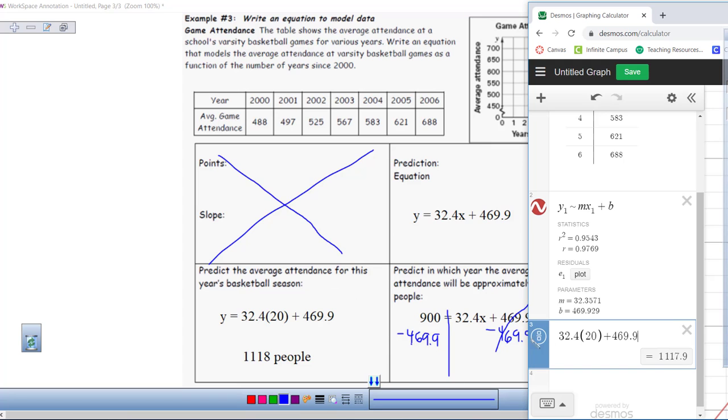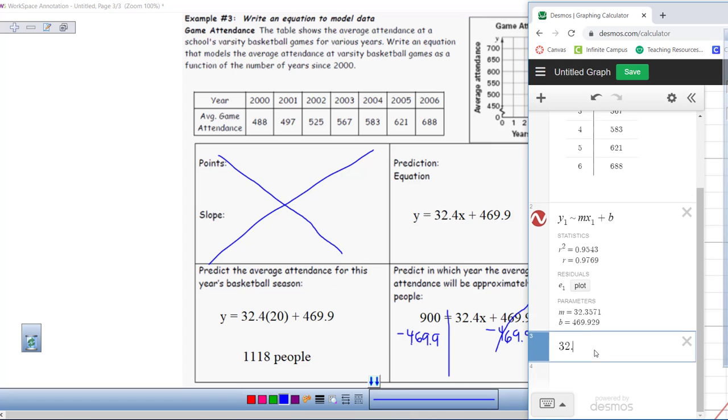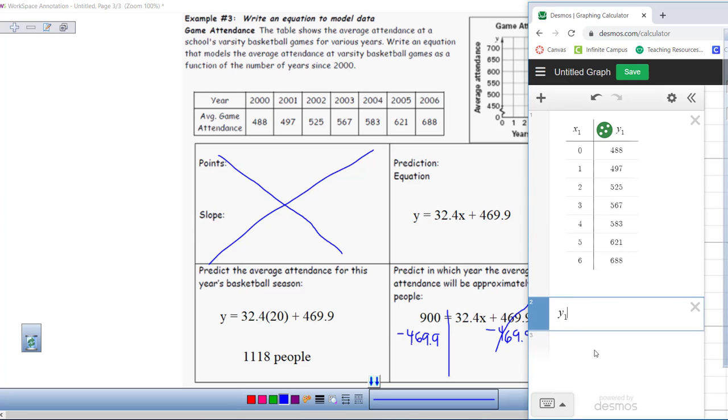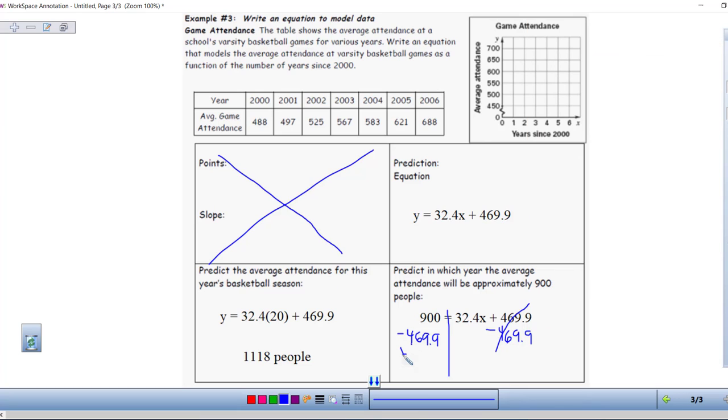We can use Desmos for a calculator again if we want to. 900 minus 469.9 is 430.1. And I bring down 32.4x. Last step would be to divide by 32.4.